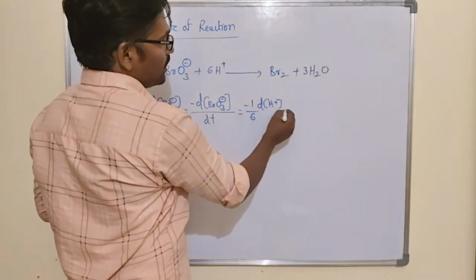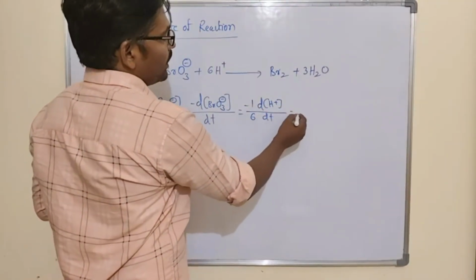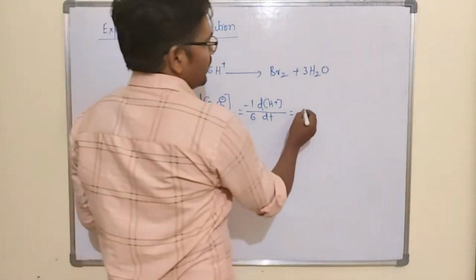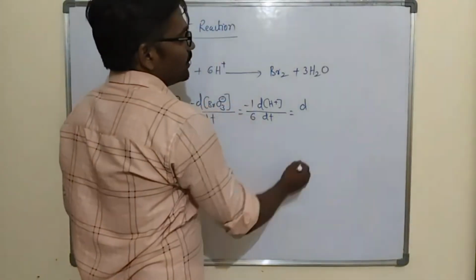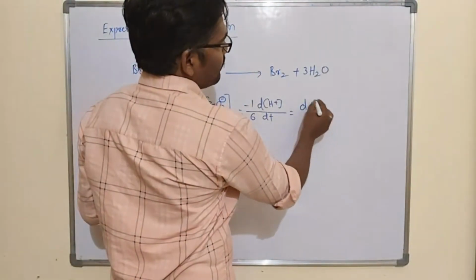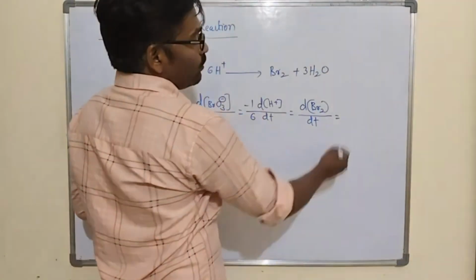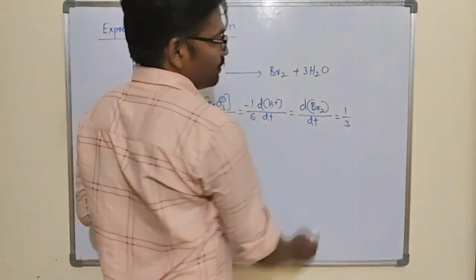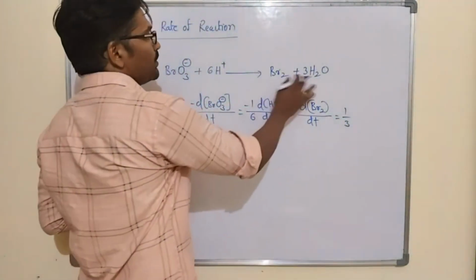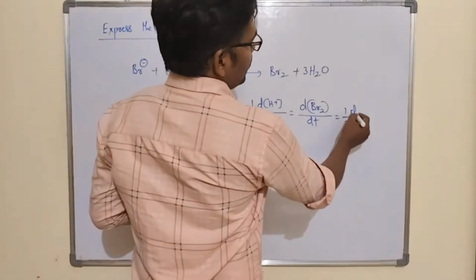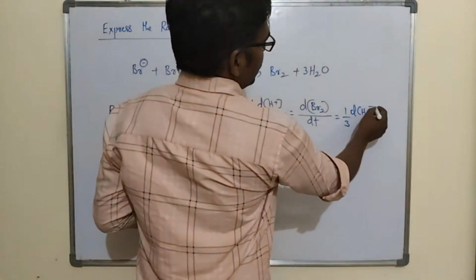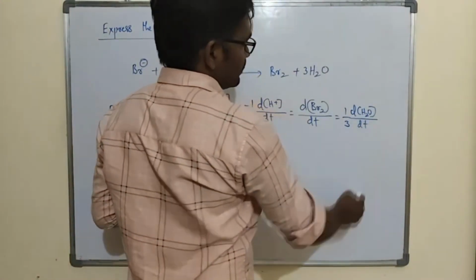So H plus ion concentration divided by dt. It is equals to dBr2 concentration divided by dt. It is equals to 1 by 3, positive sign you have to take, not negative sign; for products take a positive sign. Then dH2O concentration divided by dt you have to take.